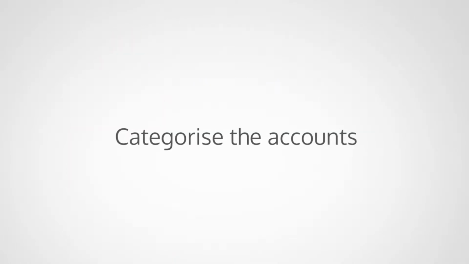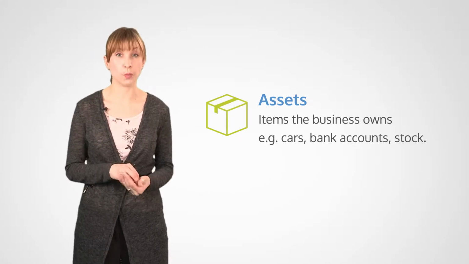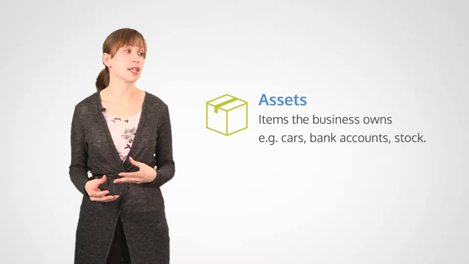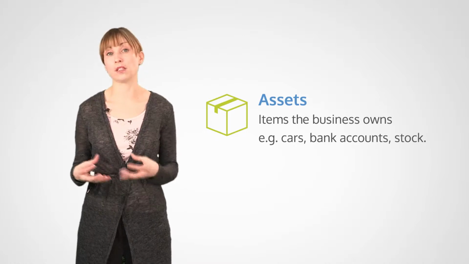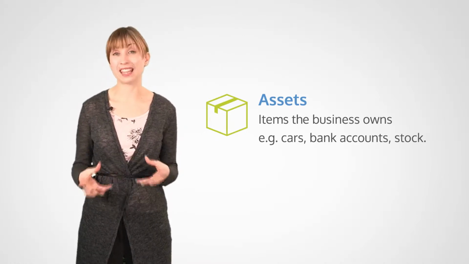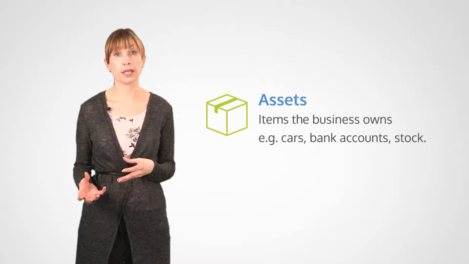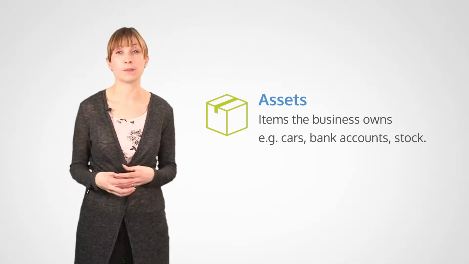So if we start off then by thinking about the actual accounts themselves, first of all, we've got assets, and that's a type of account, and these are things that the business owns. So examples of assets are cars, because the business owns that car, bank accounts, because again, the business owns the money that's in the bank account, stock possibly, because again, stock is owned by the business.